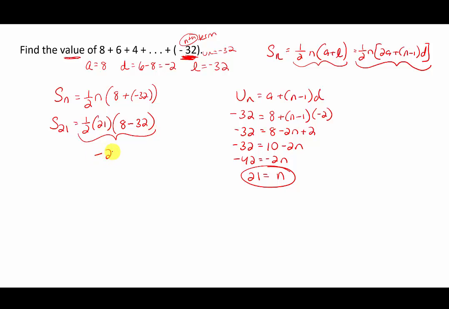And that value is negative 252. The sum of 21 terms is negative 252. And it would work the same if you had used this formula. After you found n, you could plug into that formula and you would get the same value.